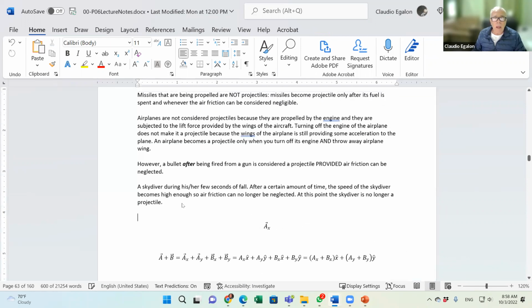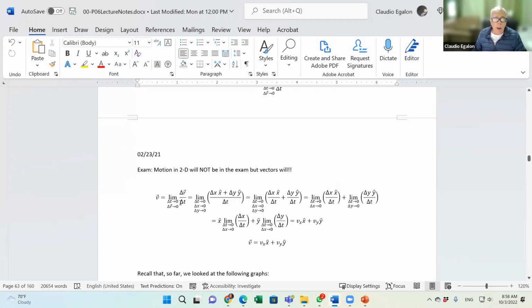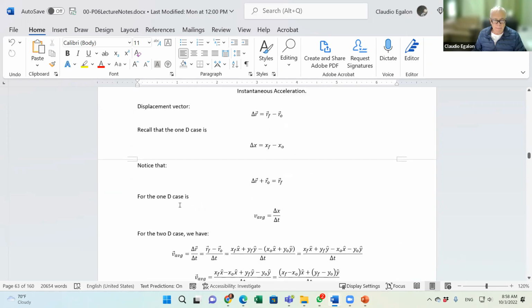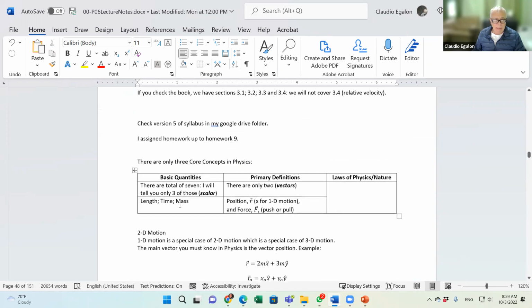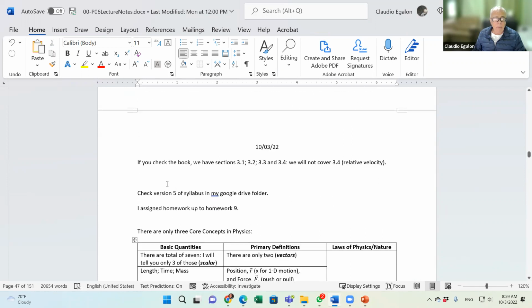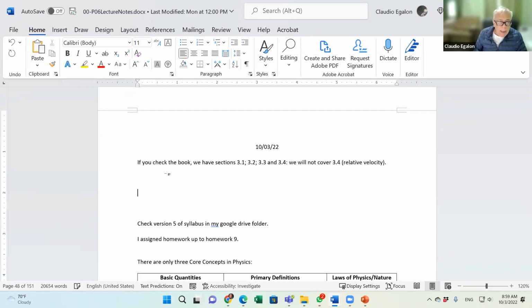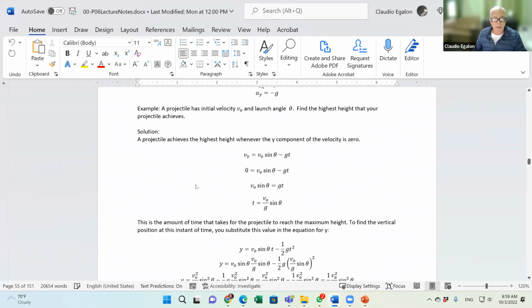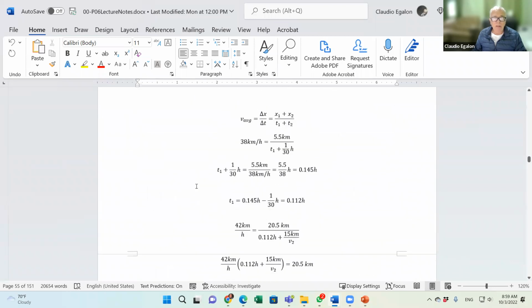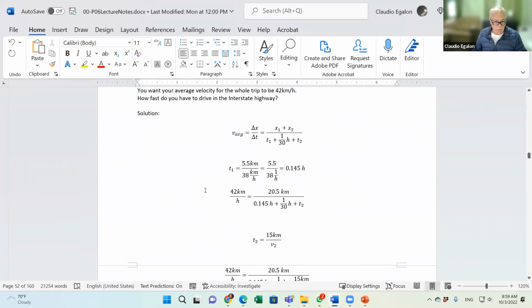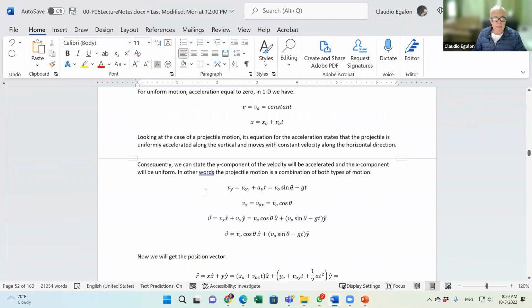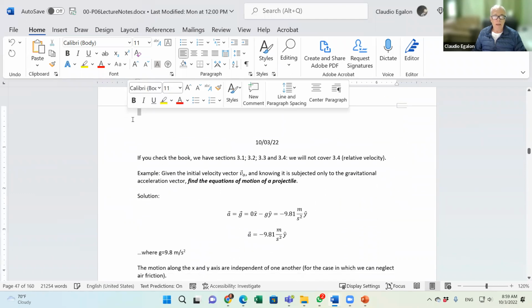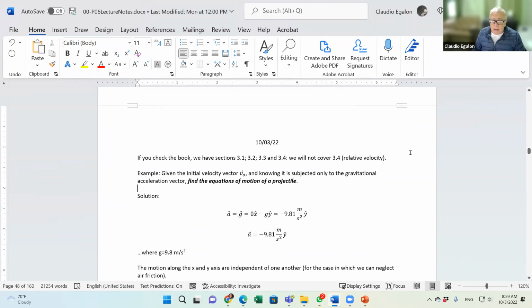At that time, they more or less knew it was a parabola, but they couldn't get a real mathematical prediction of how the path of the projectile could be predicted. And now we have this type of problem.